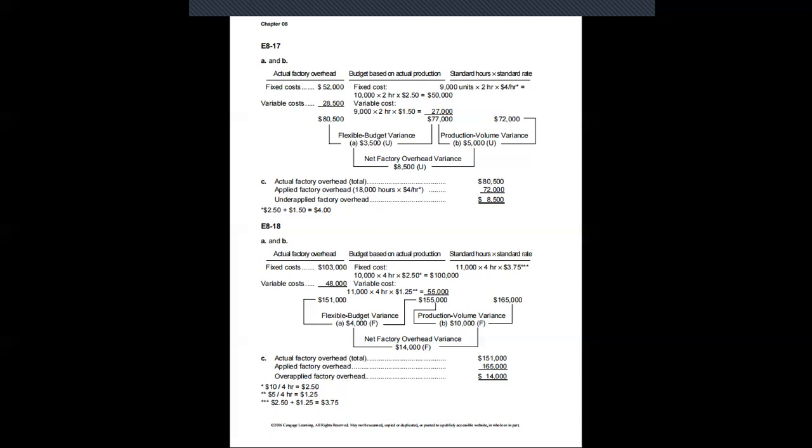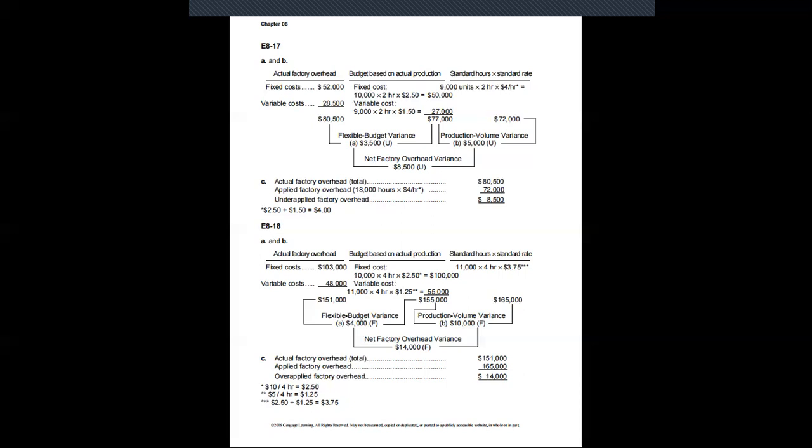So we have 155,000. The difference is 10,000. That's now your production volume variance, which is favorable because the standard exceeds the budget based on actual production.